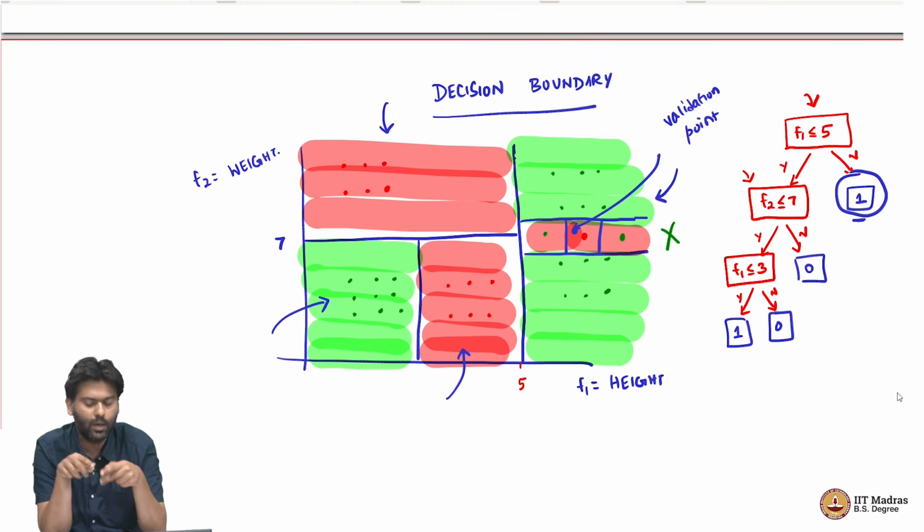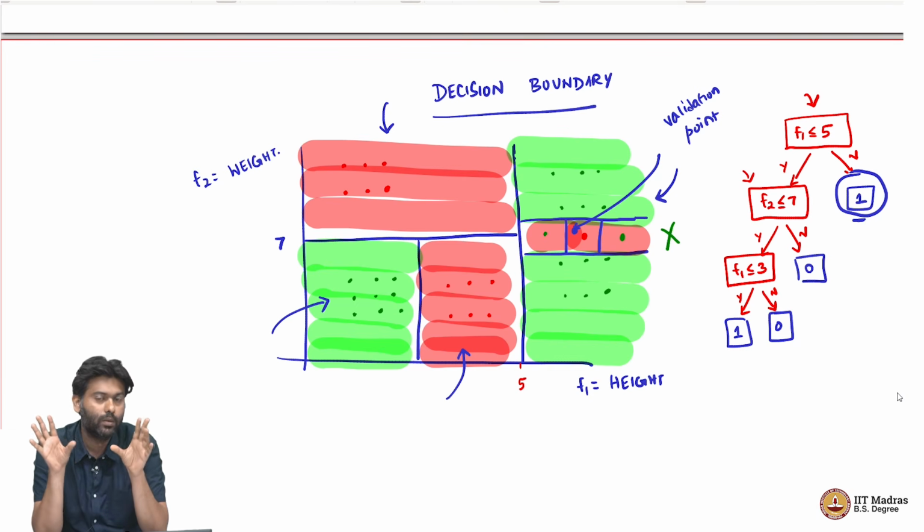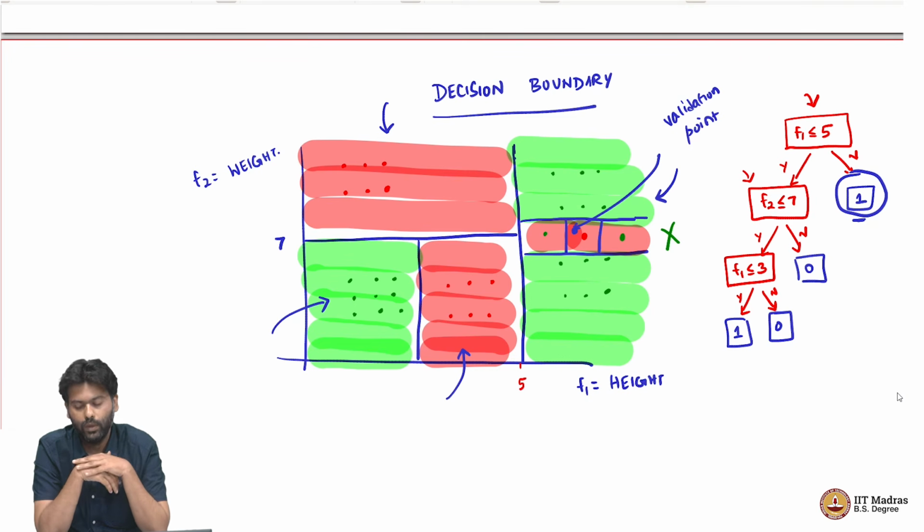One is k nearest neighbor, and now we have looked at decision trees. At least decision tree is a good algorithm because it gives you a model, but still it does not necessarily make any assumptions about the data at all, right? So any data you give, the algorithm will try to give you an answer, which is good.